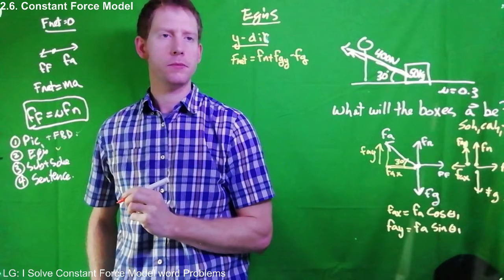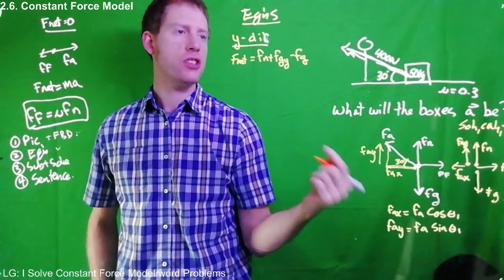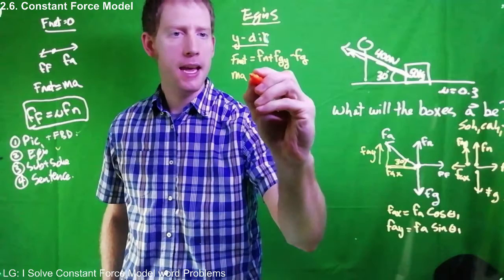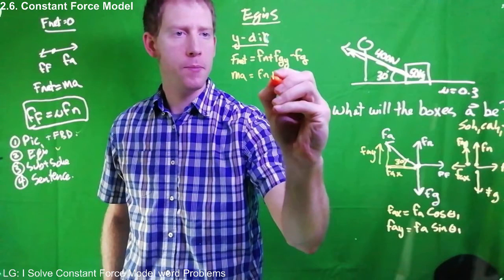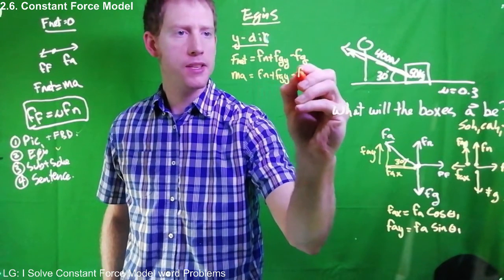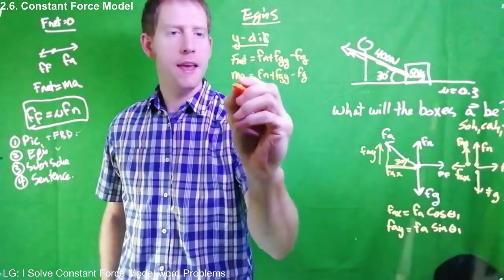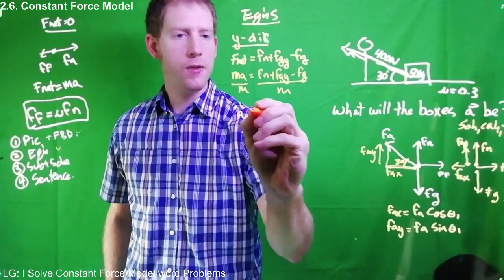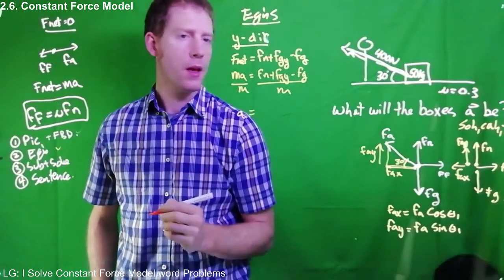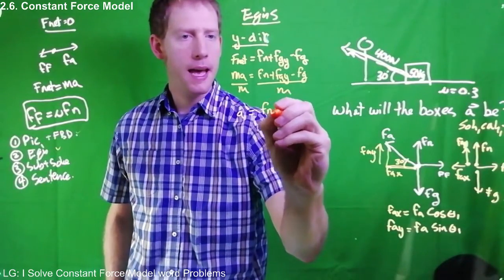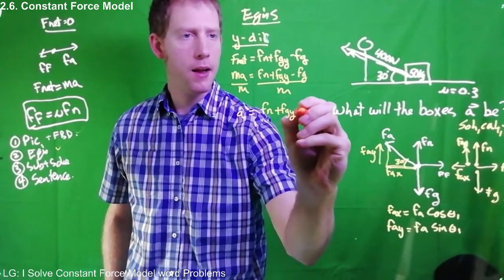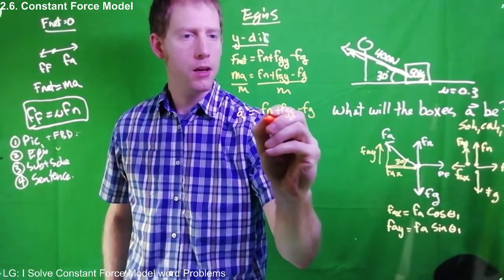And in this case, F net will not cancel because it's constant force, so we're going to have acceleration. We're going to have ma is equal to Fn plus FAY minus Fg. And then you can divide by m. So the acceleration is equal to Fn plus FAY minus Fg divided by m.